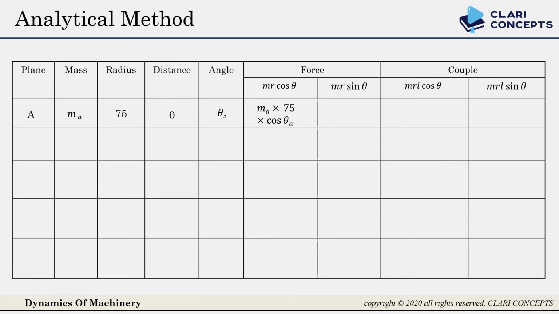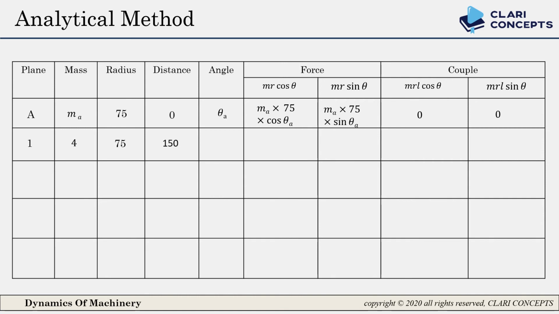Same for the sine component. Whenever you write for couple, L is the distance, and for plane A, L is 0. So the whole couple term will be 0. Now write for plane 1, which has m1, which is 4 kg, at radius 75, distance 150.